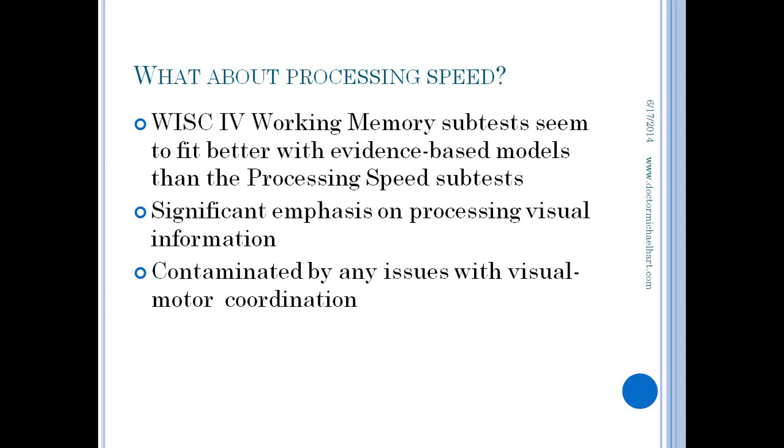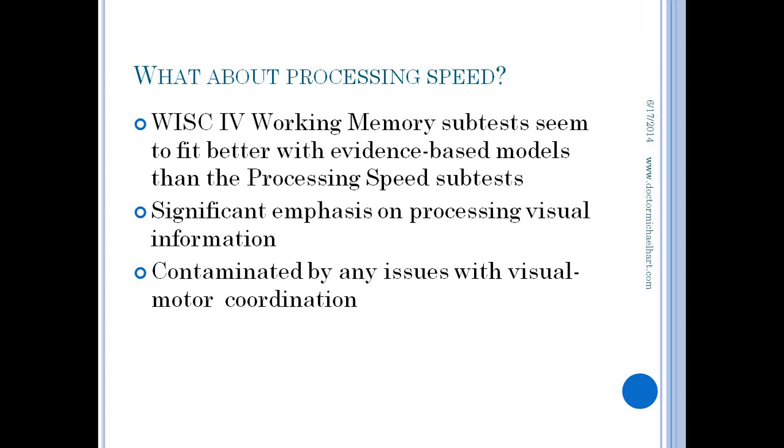So there are processing speed tests that you can do on the Woodcock-Johnson cognitive tests. There, you can actually move into the rapid automatic naming that, of course, Maryanne Wolf's work covers in those particular subtests, and see if you can find a way to augment and help us better understand the processing speed capabilities of this child separate from any contamination from fine motor.